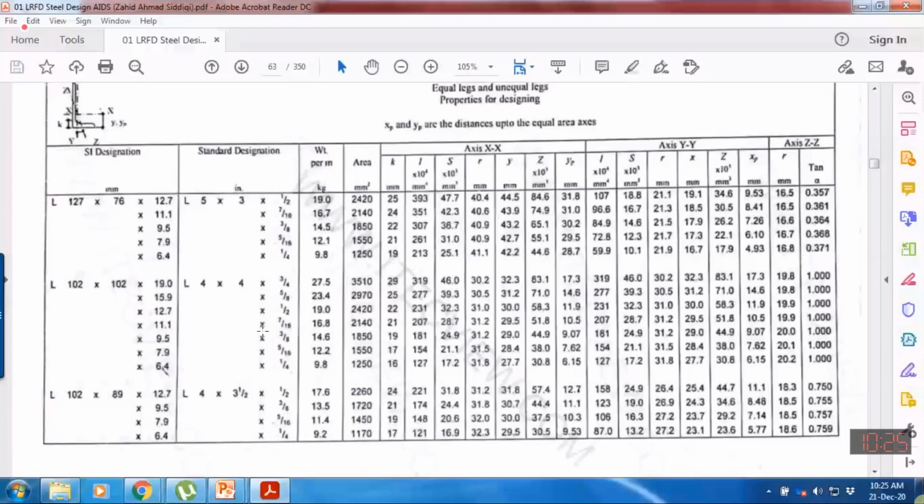But anyhow, if you want to check, you may compute this actual value, or you can compute by the approximate formula which are given on the page number 100. So actually what we need to do is use this formula to compute the length of the weld.